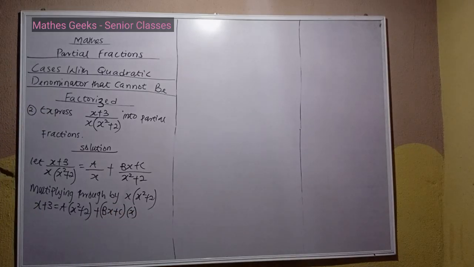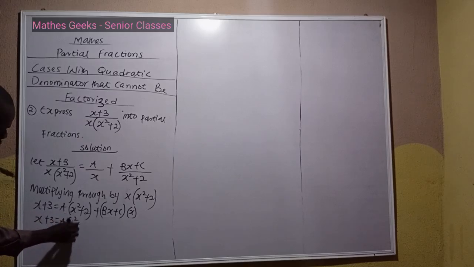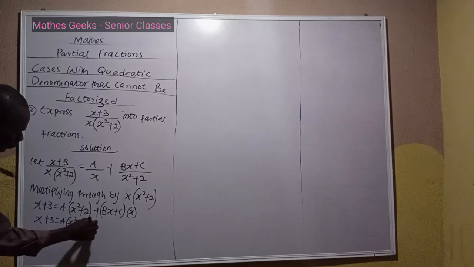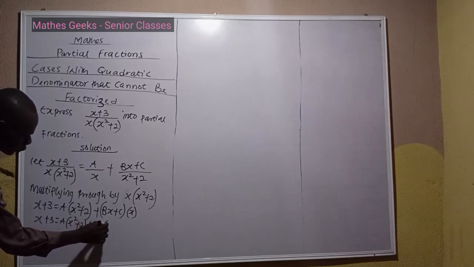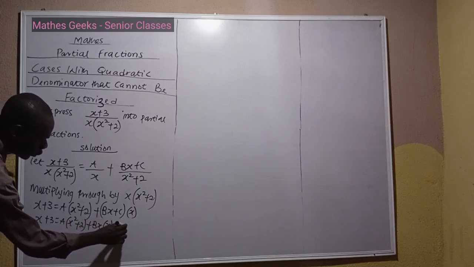Okay, so this will give us x plus 2x plus 3 x squared plus 2 plus bx times x plus c times x.